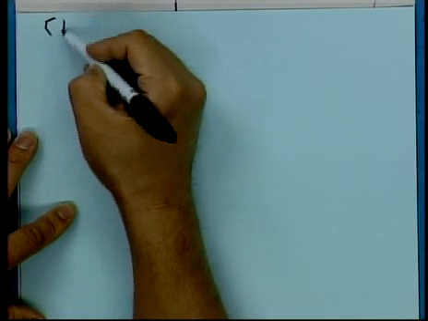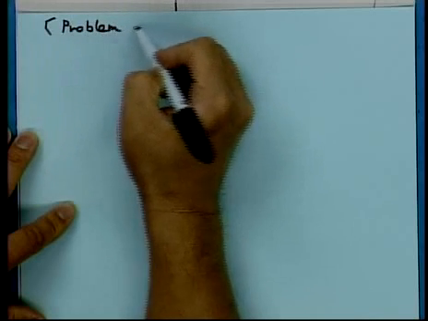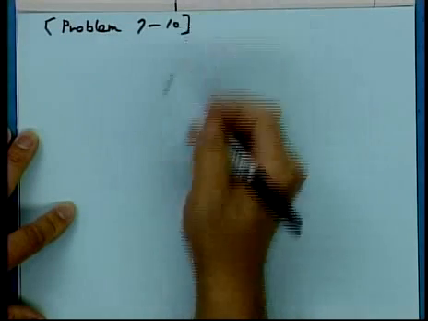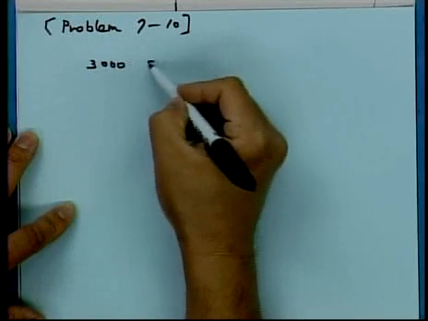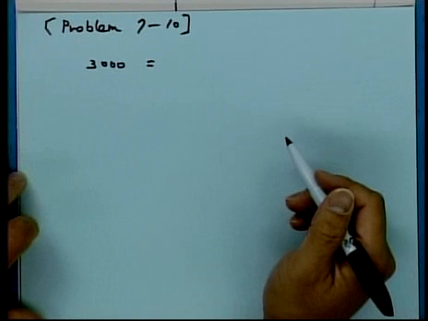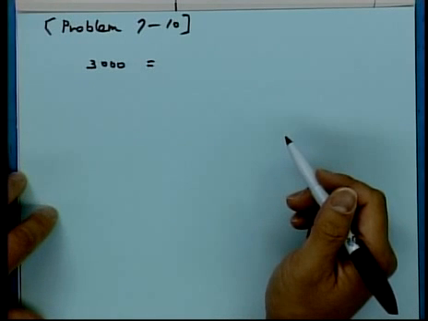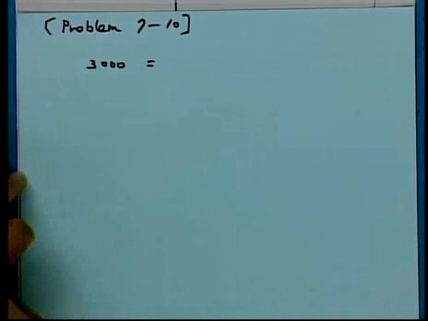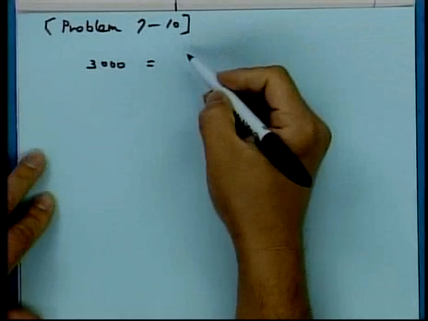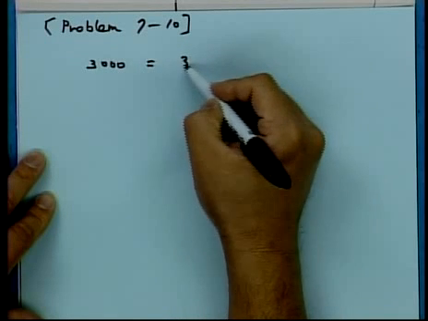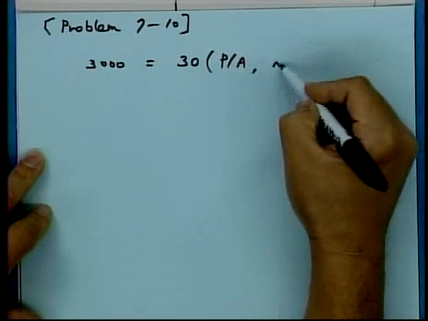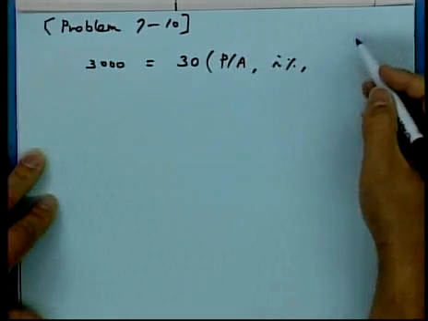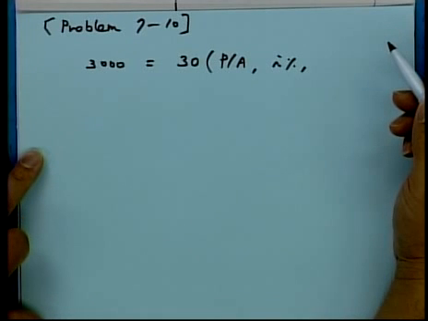Okay, this is problem 7-10. 3,000 equals, and the local grocer offers to take the 3,000 cans and in return supply 30 cans a month for the next 10 years. So it's going to be 30 times P given A, rate of return I, over the next 10 years.